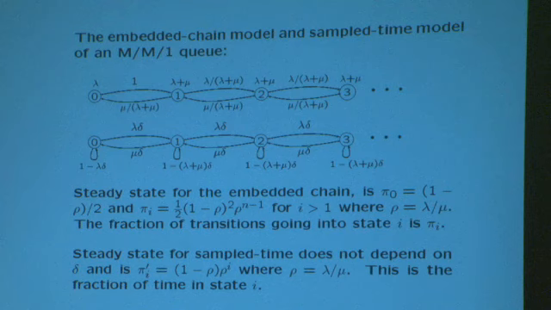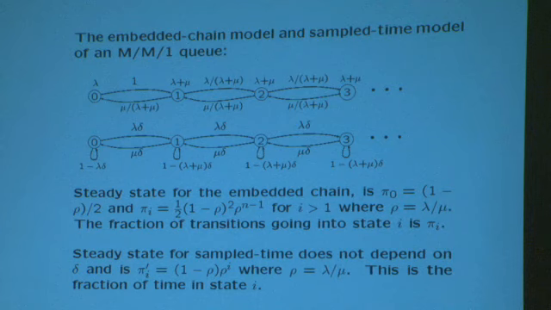If we're dealing with the sample time model, what we wind up with is we start out with Qij, which is lambda here, the rate at which you make a transition from state 0. The only place you can make a transition to is state 1.